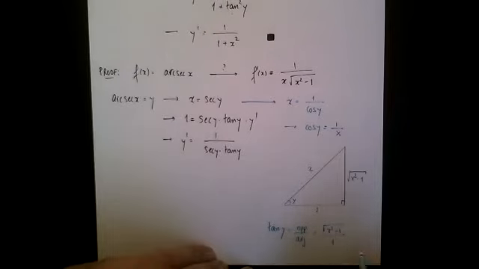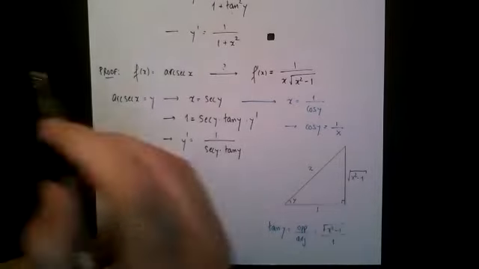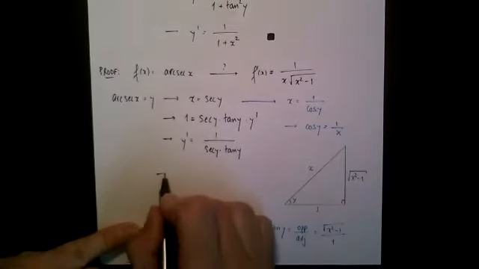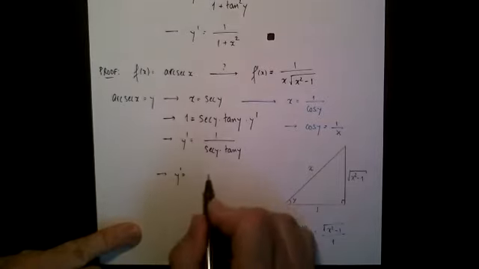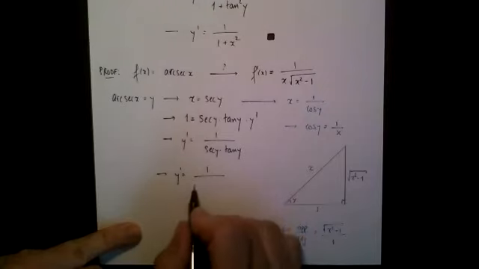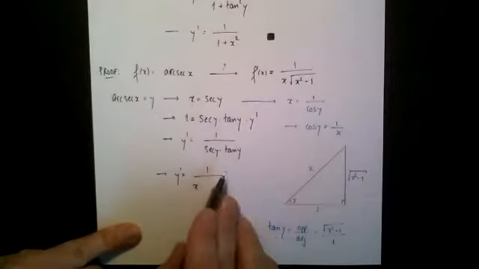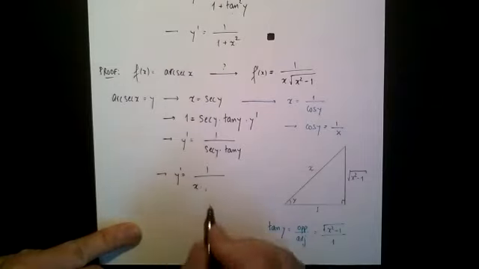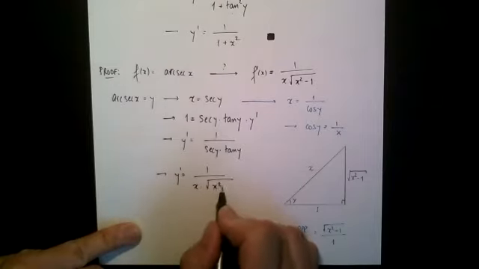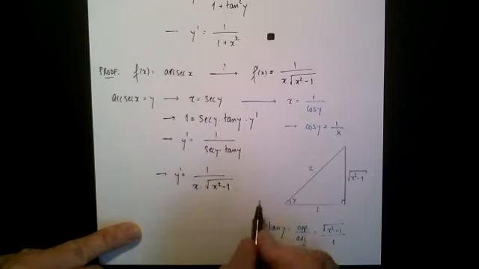And so y prime is 1 over x, right? Secant y is x, times tangent y, which is square root of x squared minus 1. And that's it. That completes the proof.